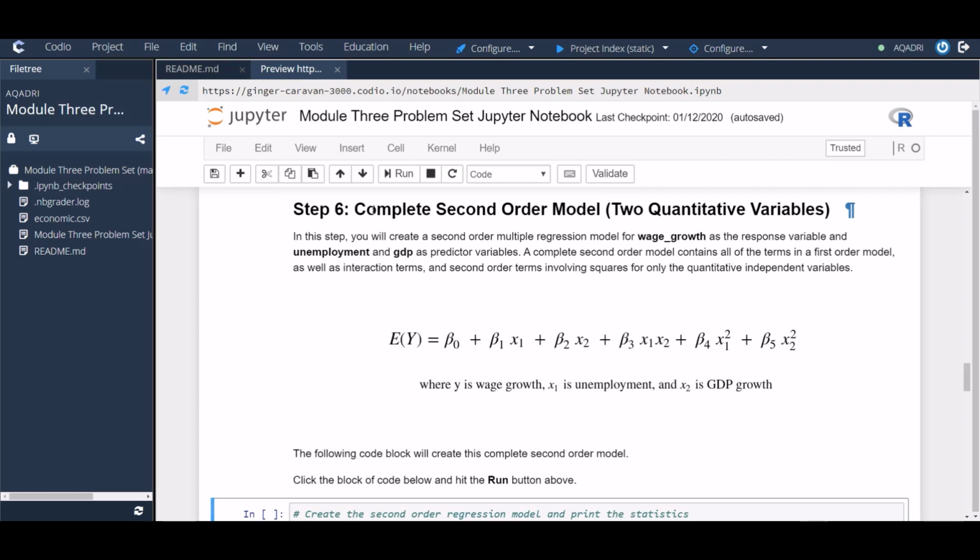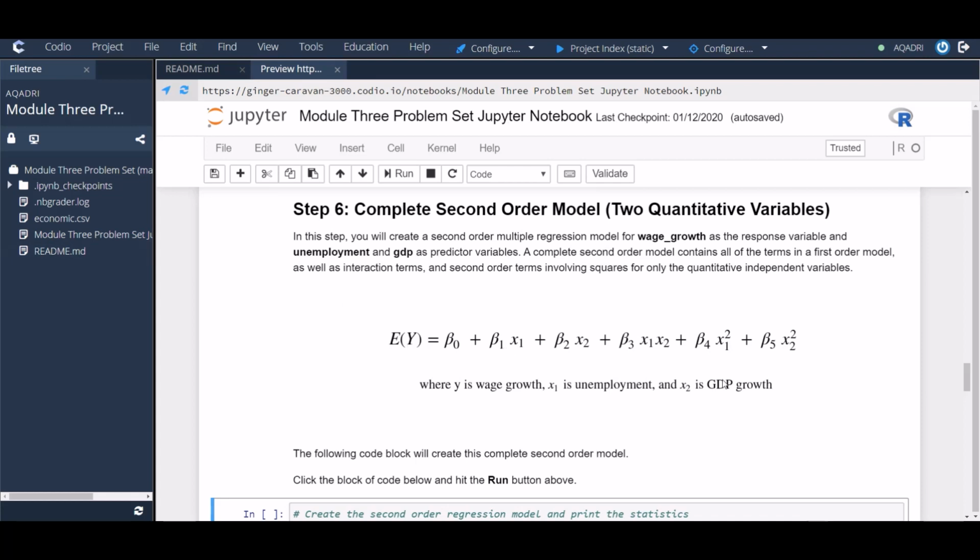In this section, we will mostly be working with just the complete second order model, and you will just be introduced to the general form of the nth order model, but you will not be expected to do any models in the homework assignment for anything more than the second order model.